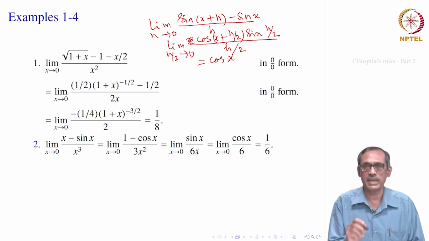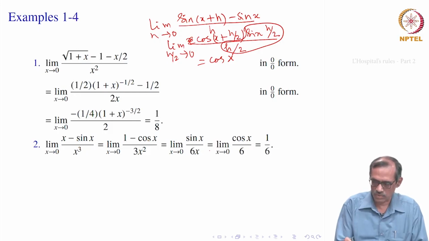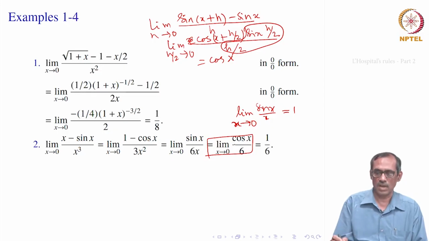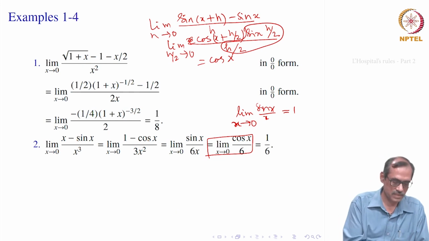So, that means in evaluating the derivative of sin x, we are using the limit of sin x by x as x goes to 0. Therefore, it is really a bit circular to use it like this. So, you would better say this is equal to 1 by 6 directly, because we know the limit of sin x by x as x goes to 0 is equal to 1. But this is not wrong, it will give the same answer anyway. So, this is equal to 1 by 6.